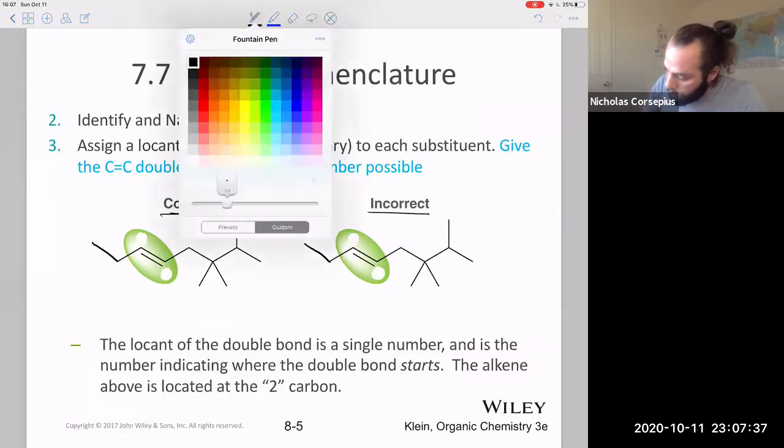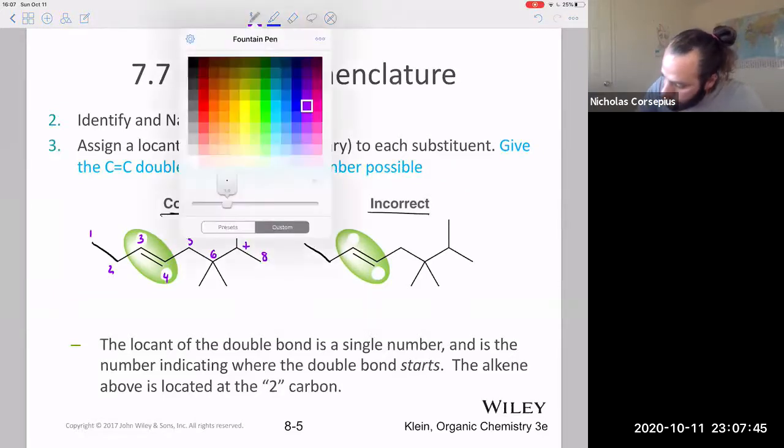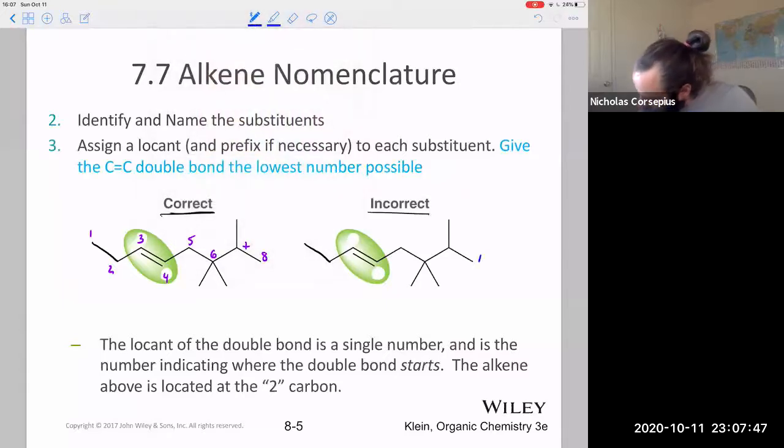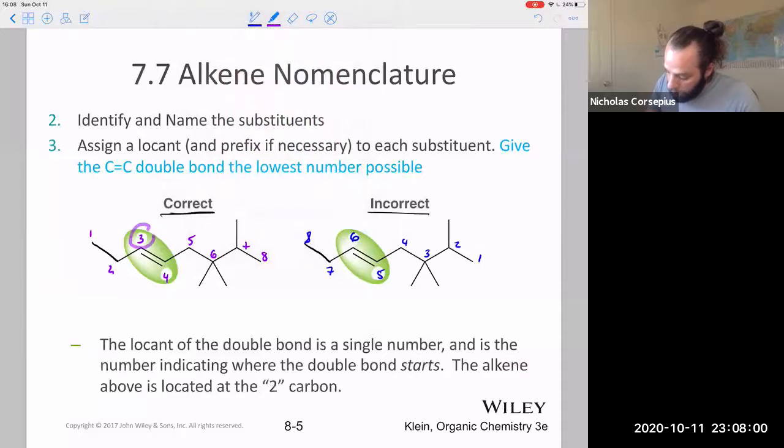All right, so again, we have two different ways of numbering: 1, 2, 3, 4, 5, 6, 7, 8, or 1, 2, 3, 4, 5, 6, 7, 8. Notice on the left-hand side, my double bond is located at position 3.